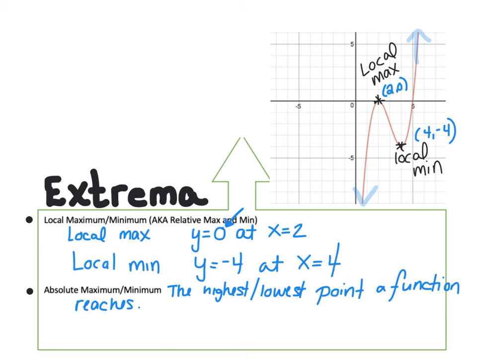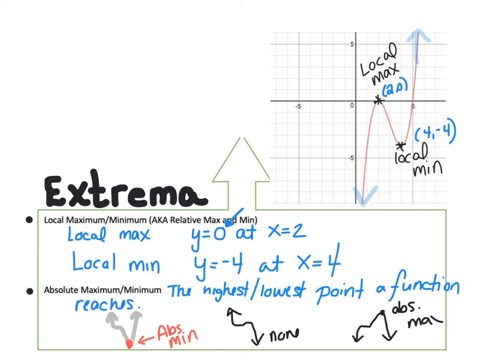But there would be graphs where, if your end behavior looked like this, this would have an absolute minimum, whereas if your curve is like this, where the end behavior is going up towards positive and negative infinity, this has none. It has no absolute max or min. And then, if you have something like this, where your end behavior goes down on either side, this would have an absolute max in this scenario.